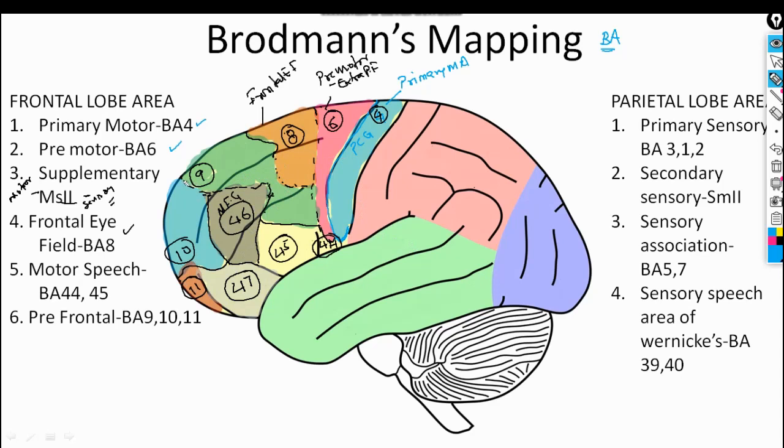So 9, 10 and 11 are the prefrontal area, whereas 44 and 45 are the motor speech area, which is also known as Broca's area.